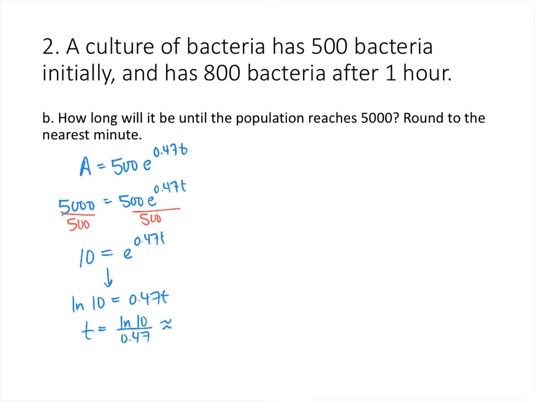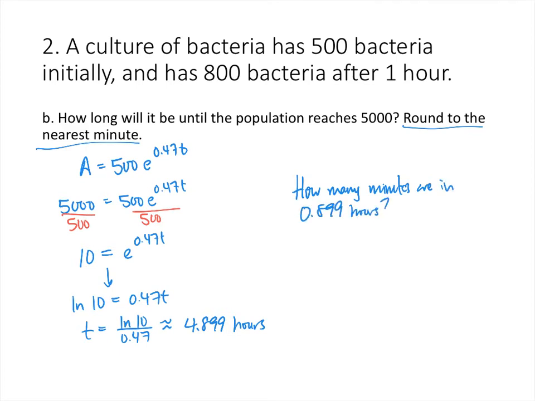Now we put that in our calculators, and we get 4.899, and that's hours. But if we read the question carefully, we're asked to round to the nearest minute. So we need to figure out how many minutes are in 0.899 hours. We know this is going to be 4 hours and some number of minutes.